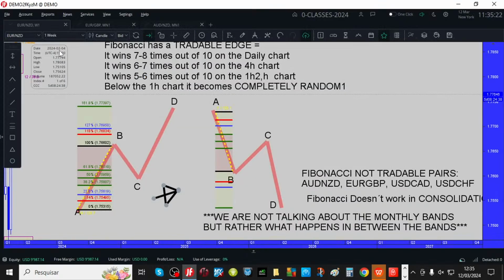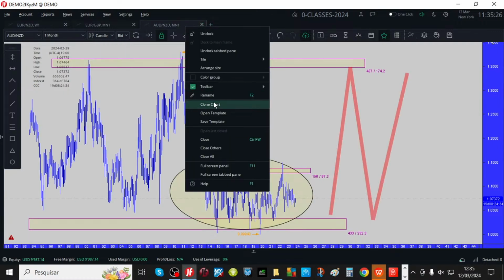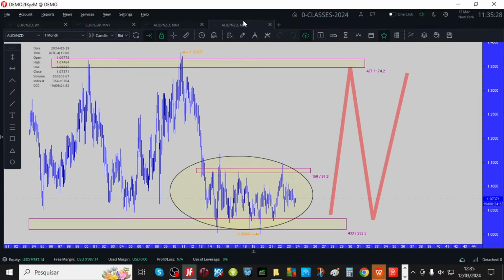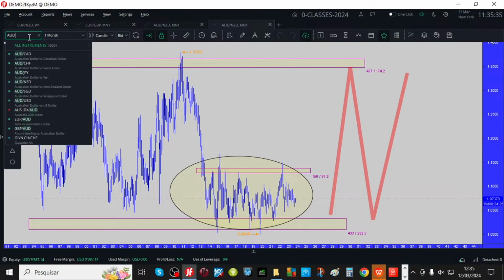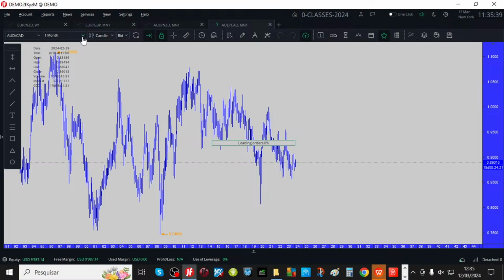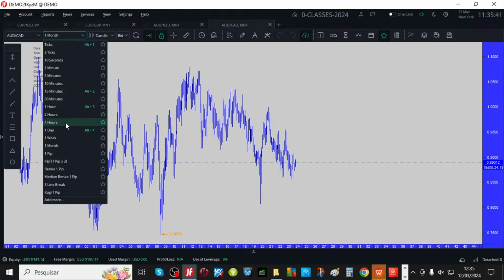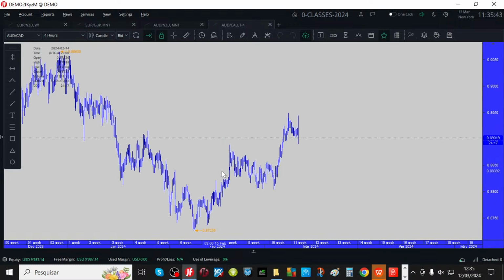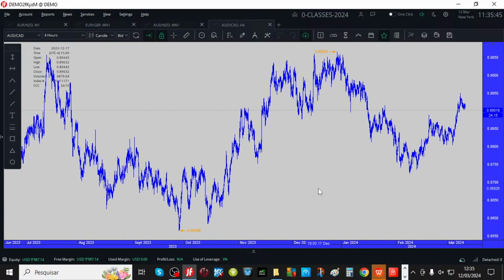Everybody, why are we learning the Fibonacci's? It's part of the Forex course 101 that I built personally for you. AUD CAD, 4-hour chart. Just an example. Do you want to make money, everybody?